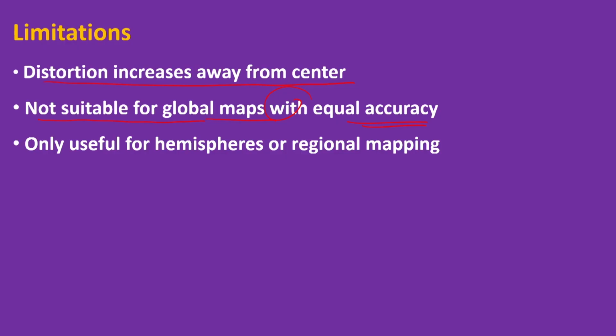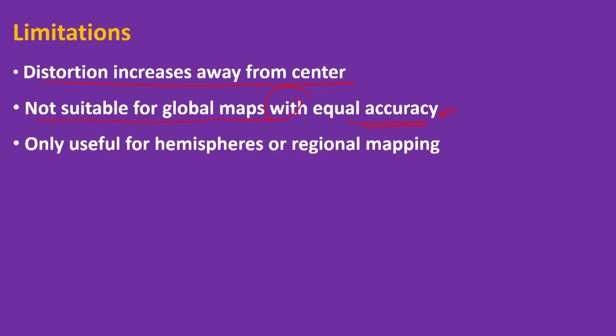Moreover, here we are picking only one point on the globe, so we cannot use it for the complete globe map. If that is the case, then we will have an accuracy issue. This is for one particular area, one particular zone, or one particular country alone. In terms of global application, complete global coverage, probably we may not use this projection.